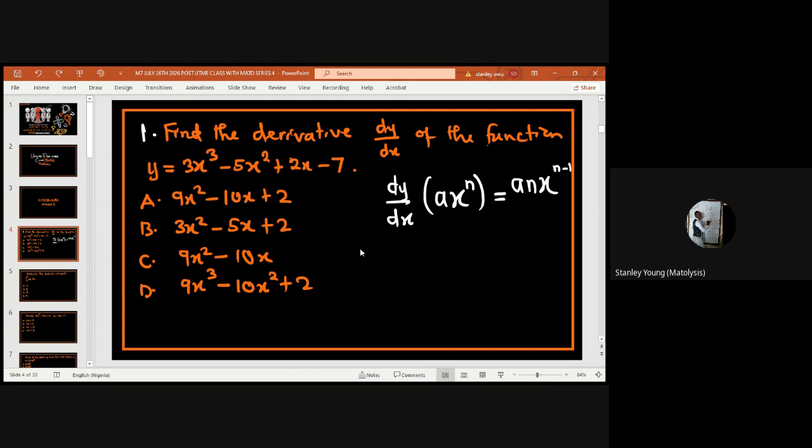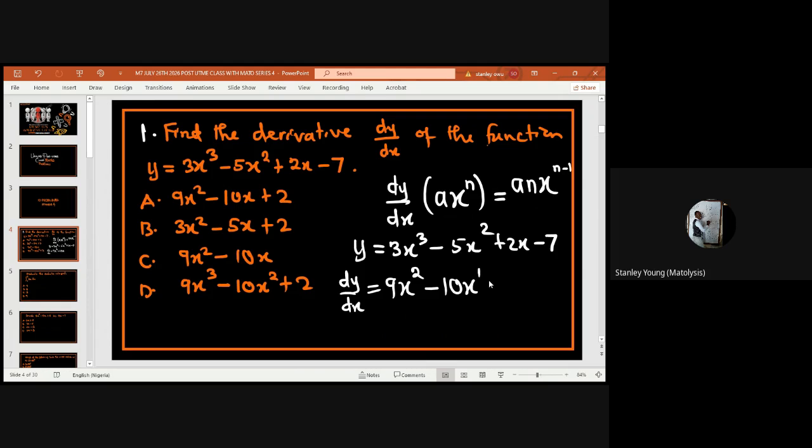Like in this case, we have y equals 3x cubed minus 5x squared plus 2x minus 7. When you differentiate this, 3 times 3 is 9, subtract 1 from 3 is 2. Minus 2 times 5 is 10, subtract 1 from 2 is 1.